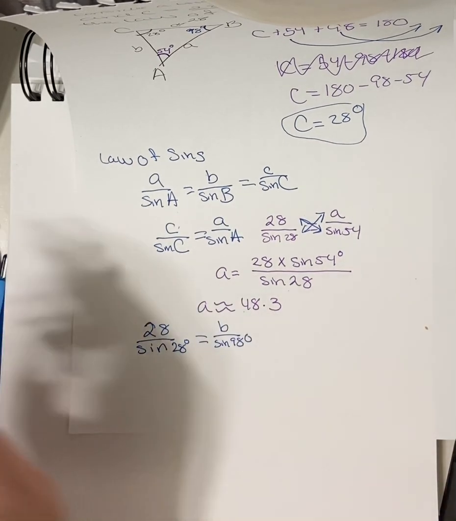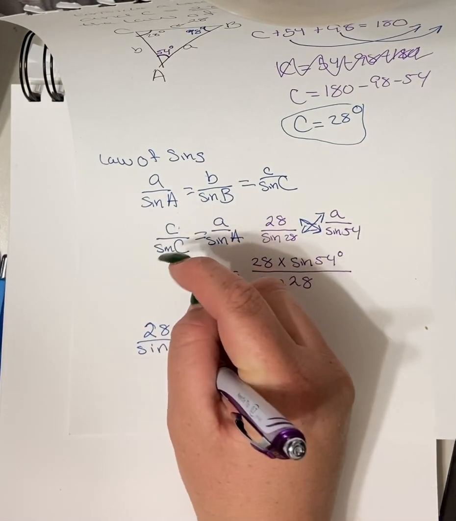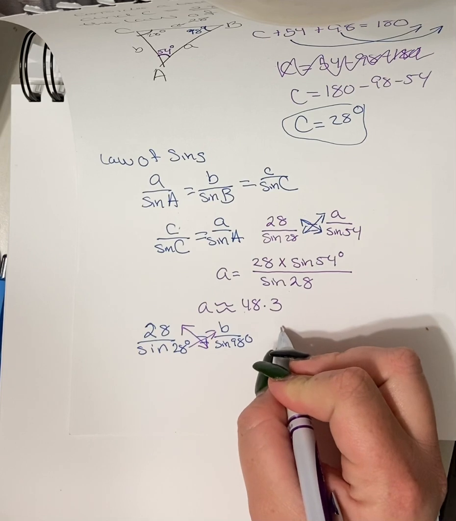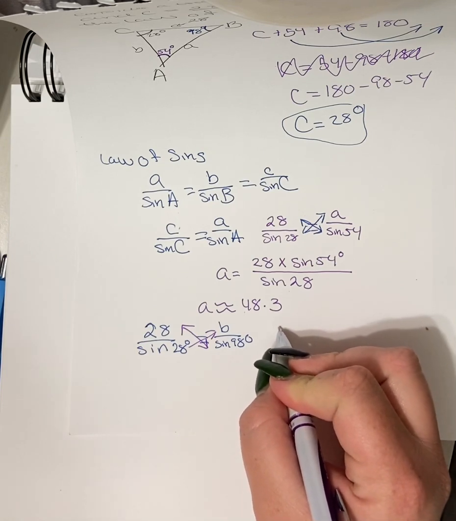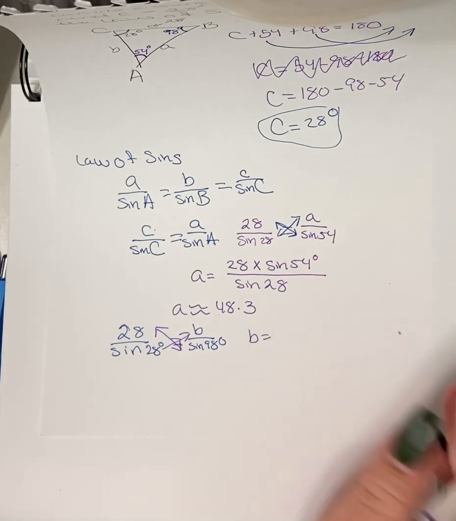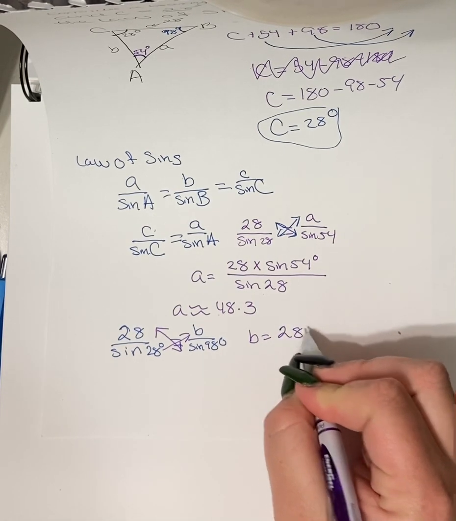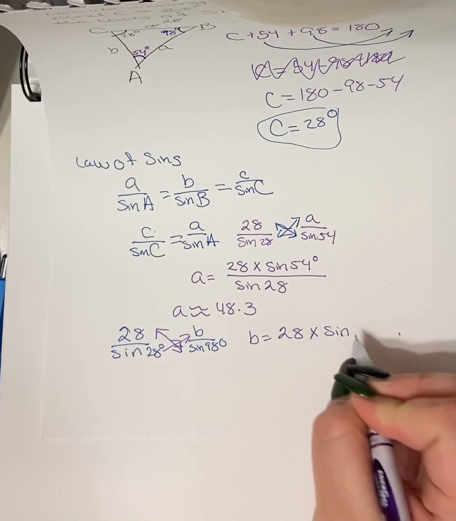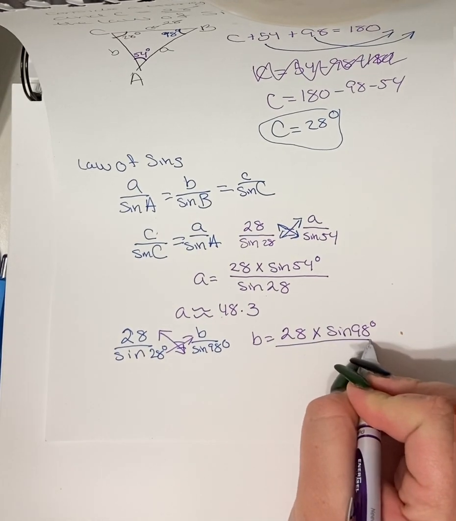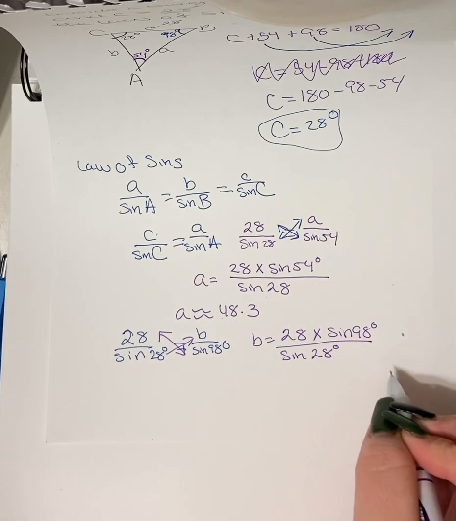Now again, what are we going to do? We're going to cross multiply. Okay? So it's going to be B equals 28 times sin 98 over sin 28, because we cross multiplied, okay?